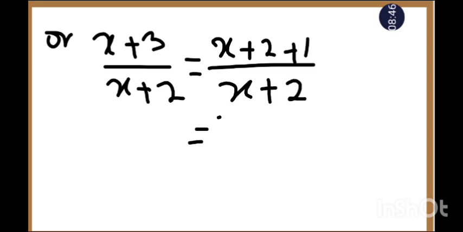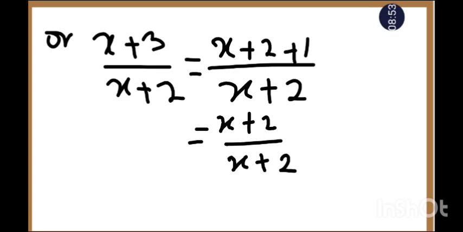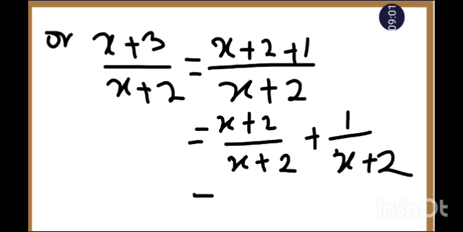Now when you do that, you have x plus 2 divided by x plus 2, plus 1 divided by x plus 2. You see it dividing, and here it gives us 1 plus 1 over x plus 2.